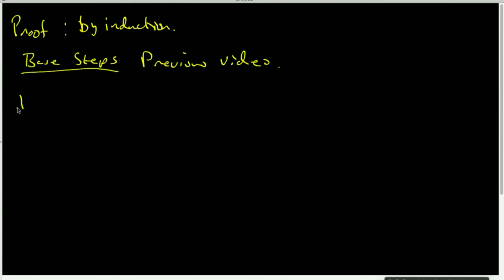Now I want to state the induction hypothesis very carefully, and then I want to state the induction goal, the thing that I want to prove in the induction step.